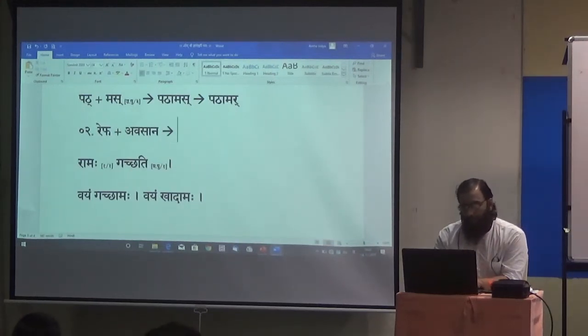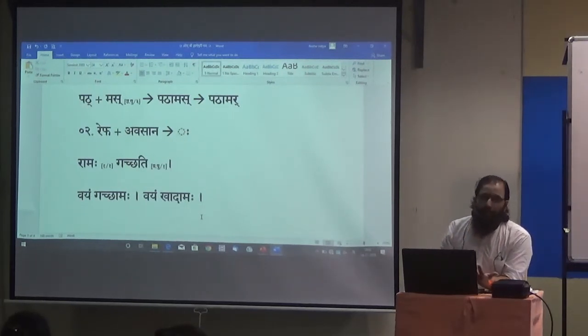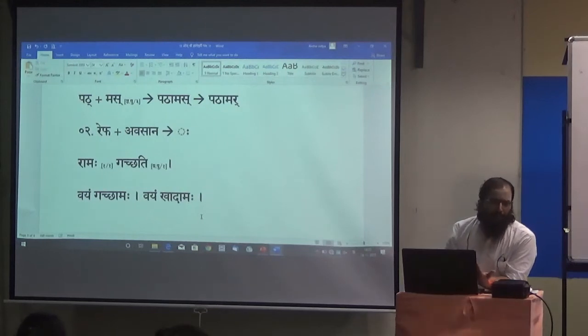What will happen to Repa? It becomes Visarga. I type like this, understand? This is because Visarga alone cannot be there. It should be with some consonant, so this dotted circle is the consonant. I mean the vowel, not the consonant, sorry, vowel, whether aha or vaha, or ihi, whatever it may be.